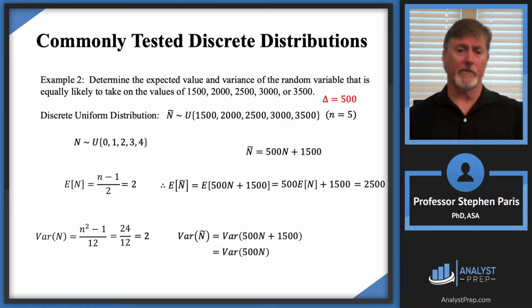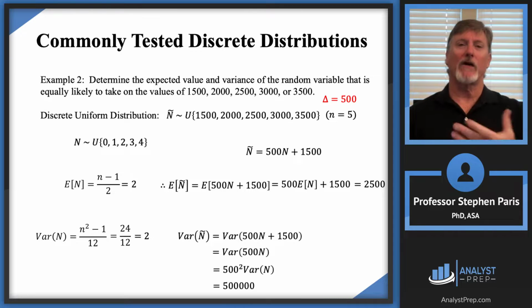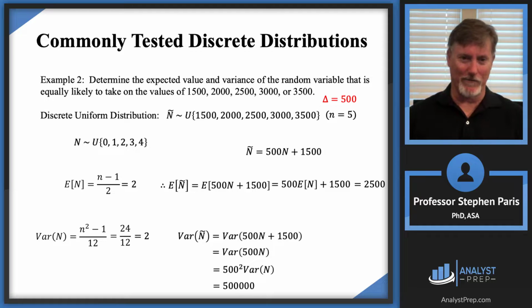We know from properties of variance that the 500 gets factored out as a square, so it's just 500 squared times the variance of cap N. The variance of cap N was 2, so 500 squared times 2, I get a final result. 500,000 is my final answer. Well, it took a while to get there, but 500,000 is my final answer for the variance of this cap N tilde, the discrete uniform distribution on those 5 points.